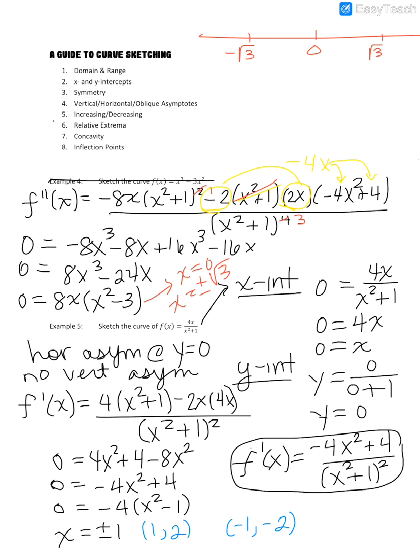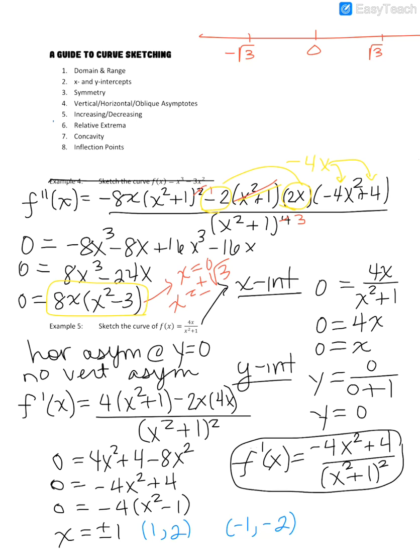And so I want to put some values in to my second derivative. Remember, for the second derivative, you want to use this, but you want to have that denominator on the bottom. Actually, you know what? Since the denominator has a squared, it's always going to be positive. So really, we can just use this, I think.